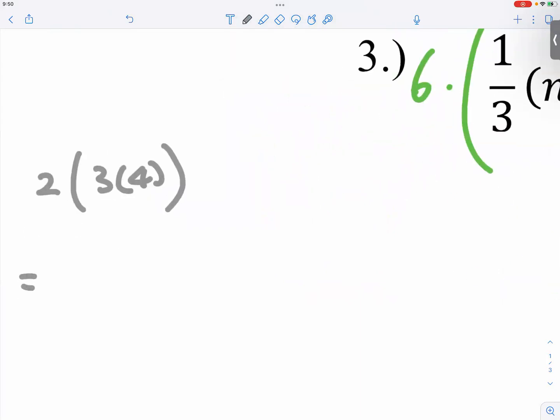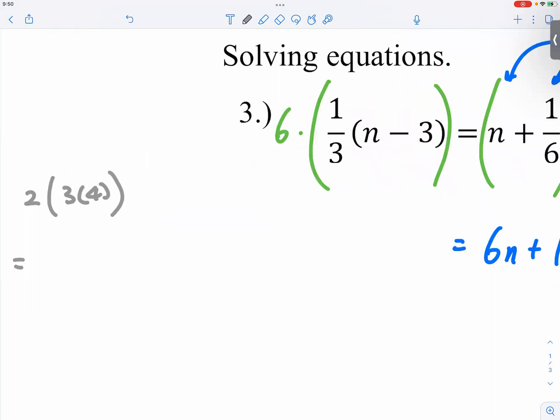All right, if I give you this number, this question right here, what's the answer? 24? Is it 24 or 48? 24, right? Because 3 times 4 is 12. 12 times 2 is 24, right?